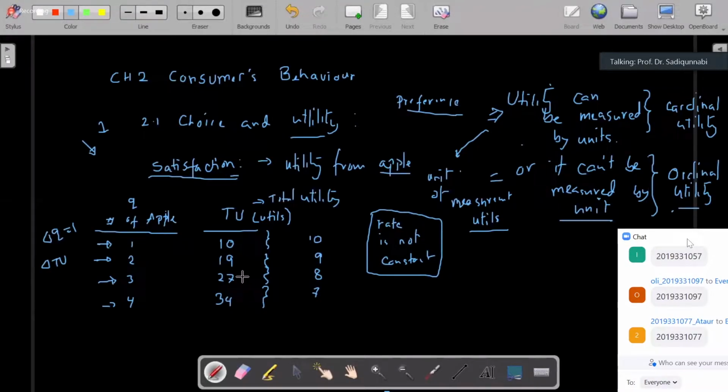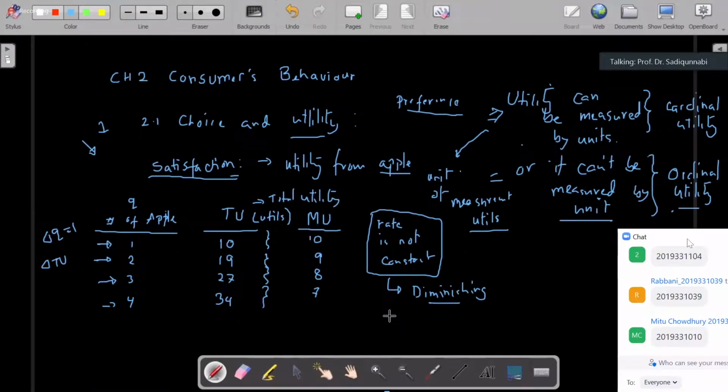And 4 apples, it is not 40, it is 34. So you see that the rate is not constant, it is diminishing. So this diminishing is called marginal utility.